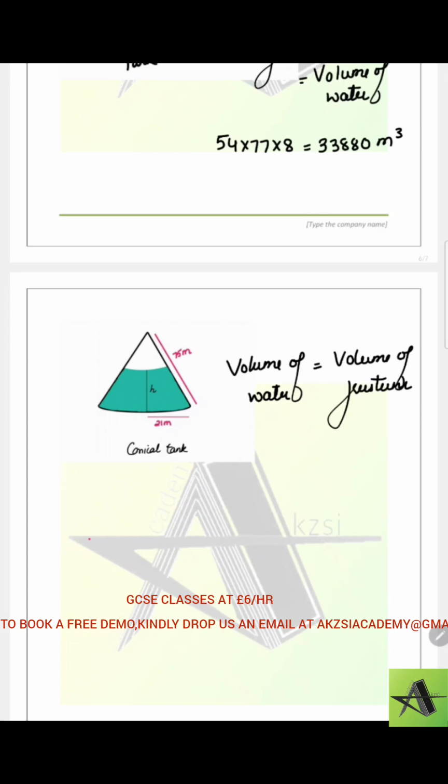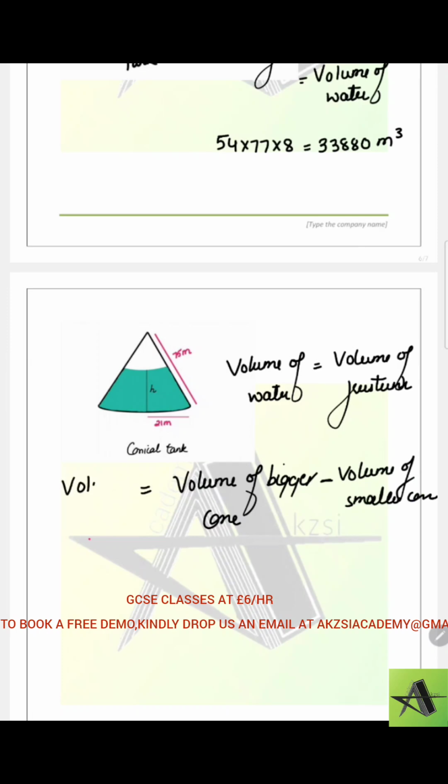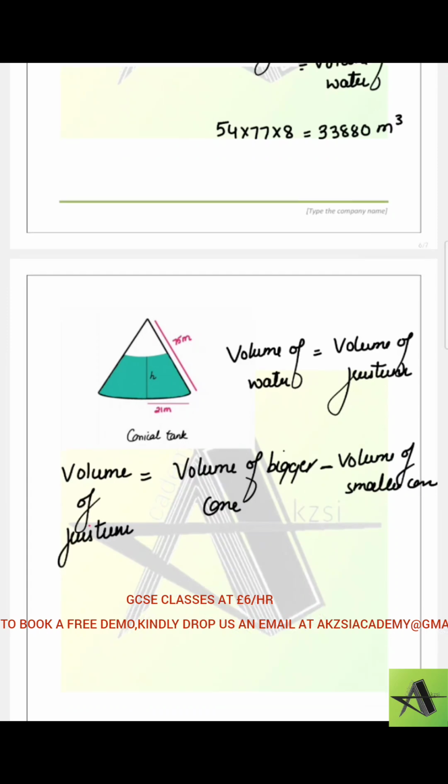We know the volume of frustum is volume of bigger cone minus volume of smaller cone. This is equal to volume of frustum. So now we have to calculate the volume of the bigger cone.